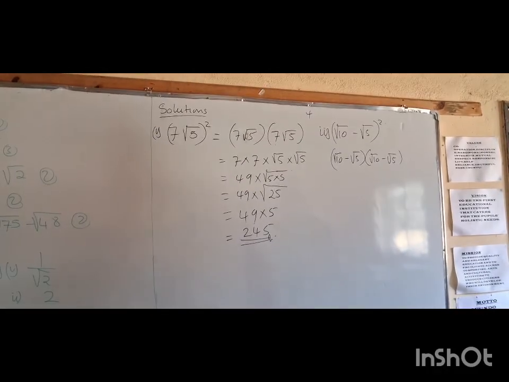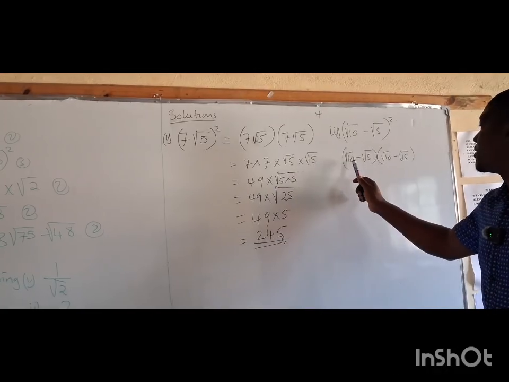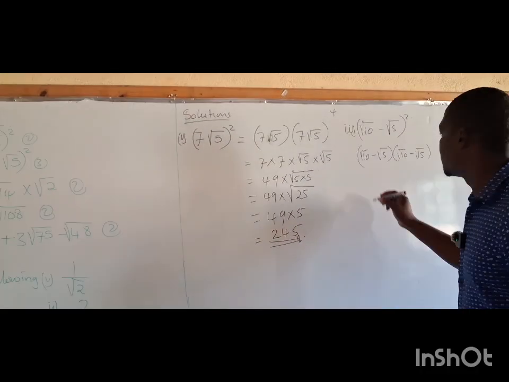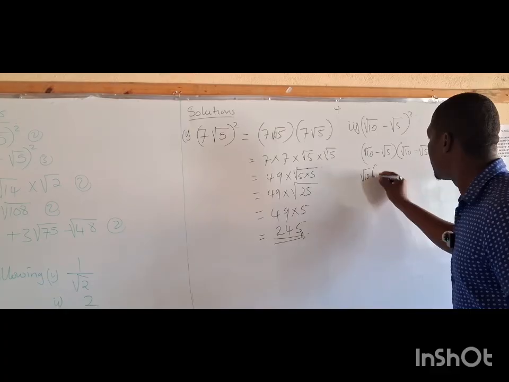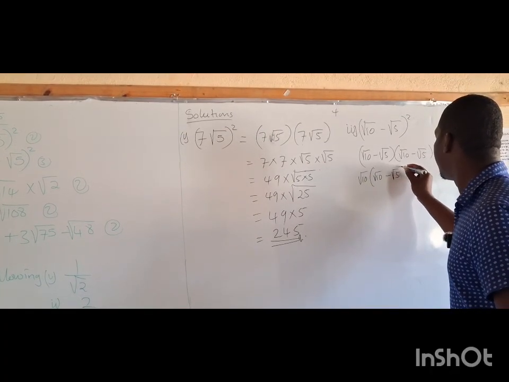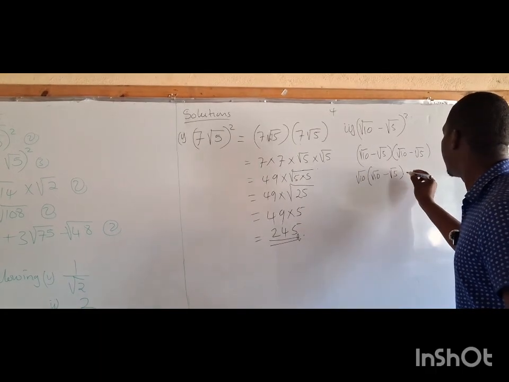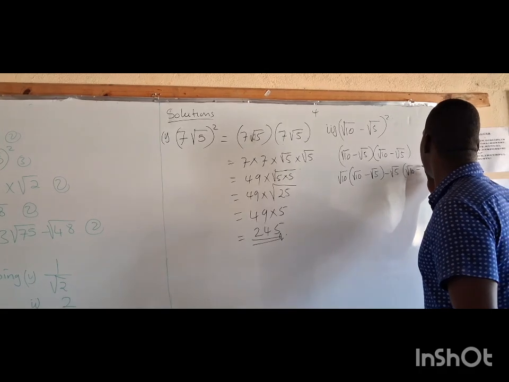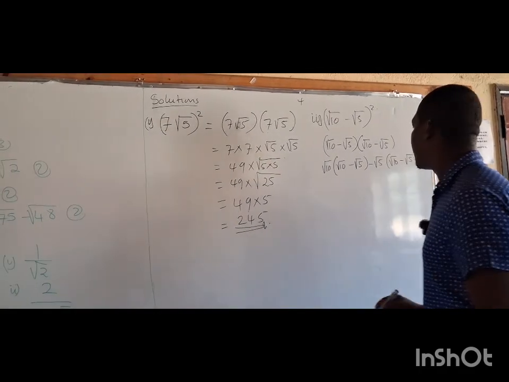Right. So we are saying first bracket will affect second bracket. So we are saying root 10 will multiply root 10 minus root 5, and then minus root 5 will also multiply root 10 minus root 5 there.